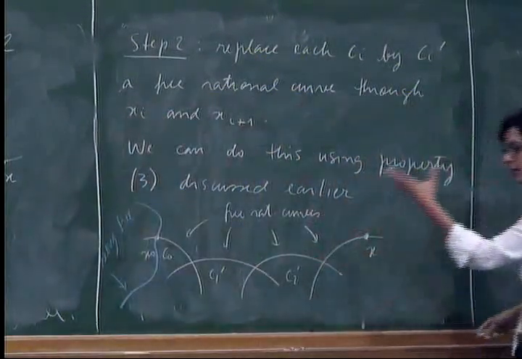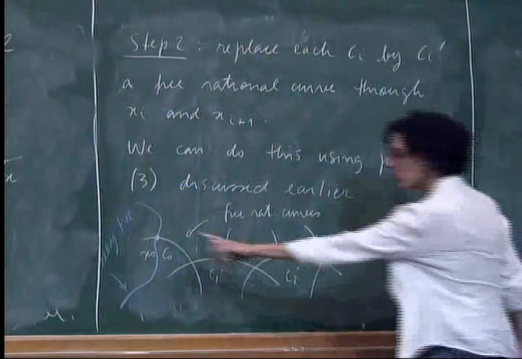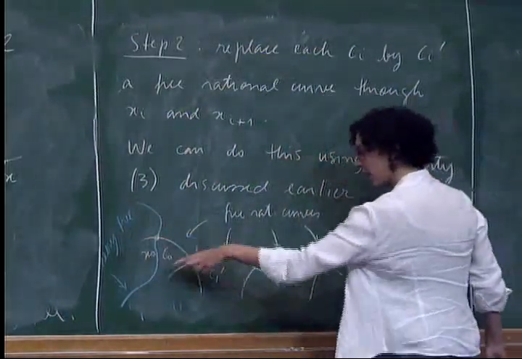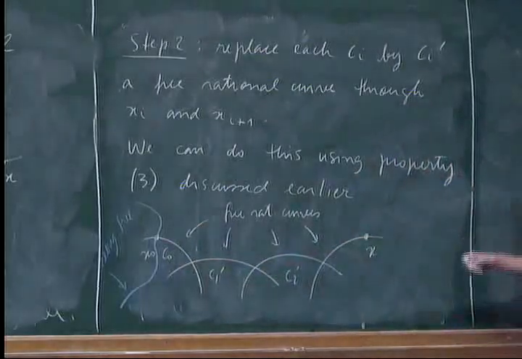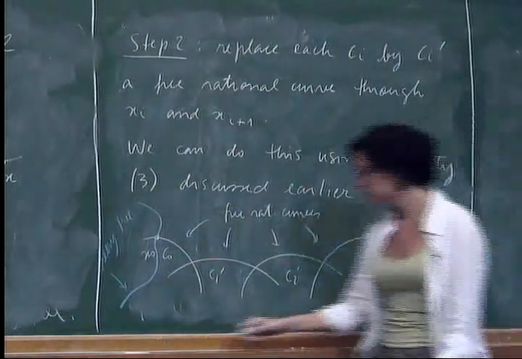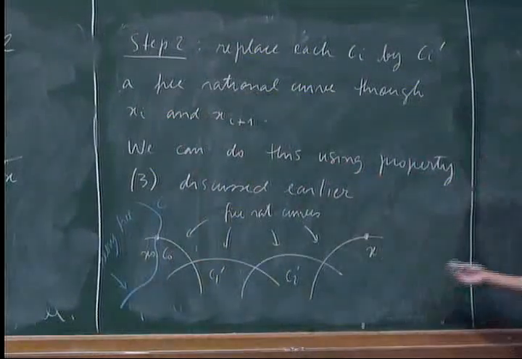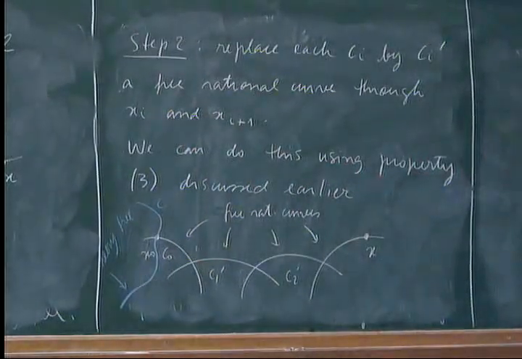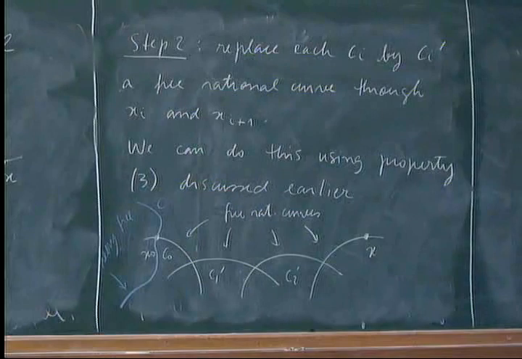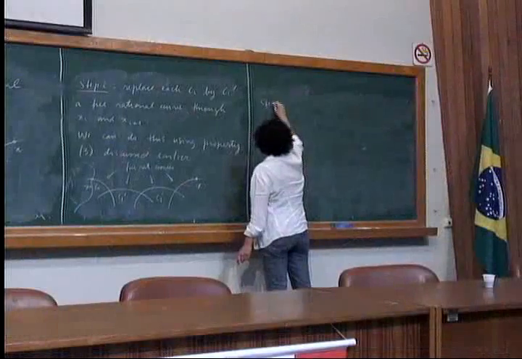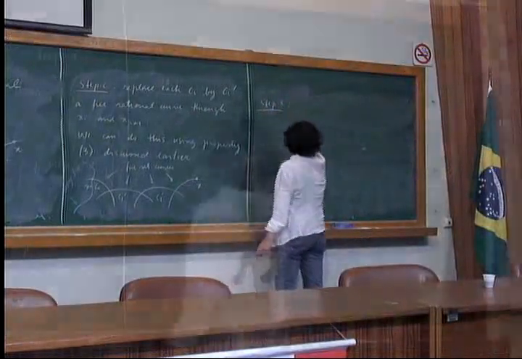And again, it's a matter of deformation theory that once you have a very free curve and a chain of free curves, they can be deformed. Let me call this C. They can be deformed into a very free curve, keeping x naught and x fixed. So step 3.